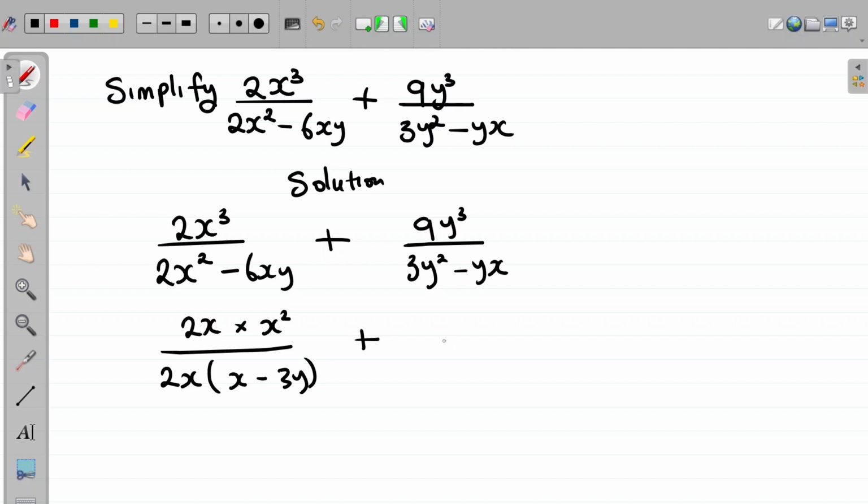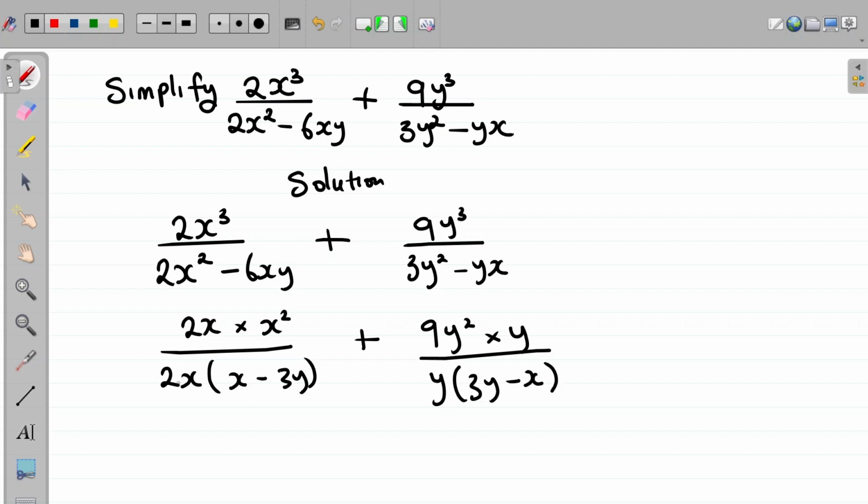plus, also our numerator here can be expressed as 9y squared times y divided by, we factorize y from our denominator, we have y, open bracket, 3y minus x.